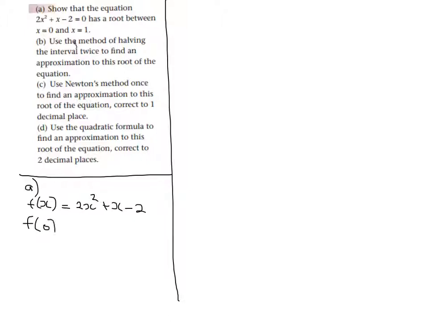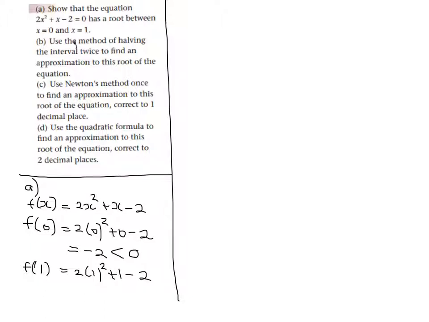So f of 0 equals 2 by 0 squared plus 0 minus 2, which is negative 2, less than 0. So I'm hoping f of 1 is greater than 0, which it's going to be: 2 by 1 squared plus 1 minus 2.